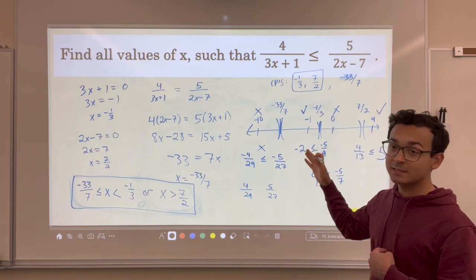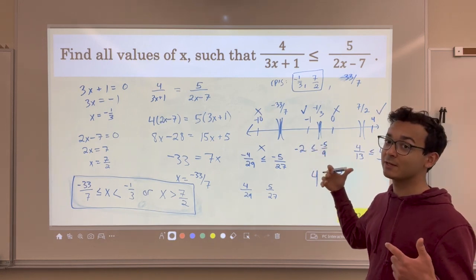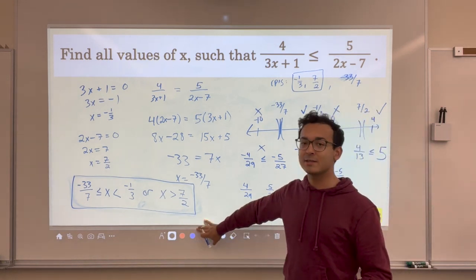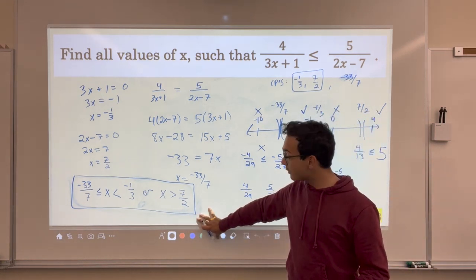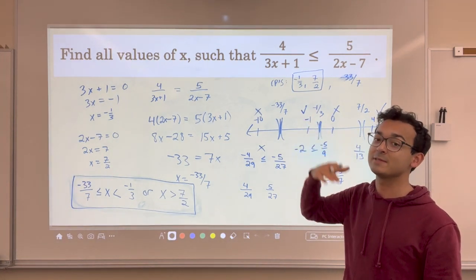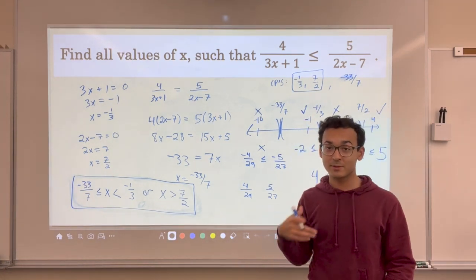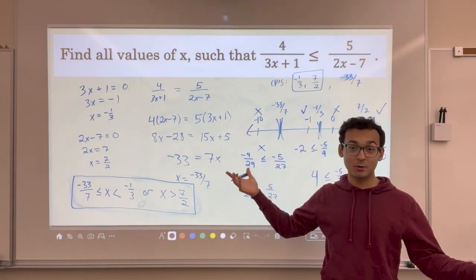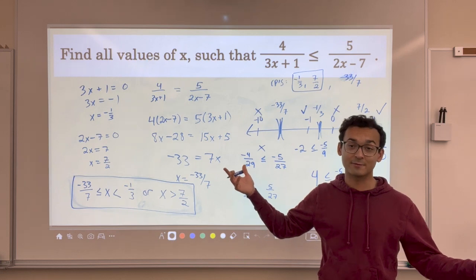It then involves testing a bunch of numbers, and you have to make sure that you're getting those correct. And then it involves writing the answer in this format, and you can't include the critical points that would make you divide by 0. So there's a lot to that problem, there's a lot involved, but hopefully you followed my work, and who knows, hopefully you got the 5 points in the first meet.